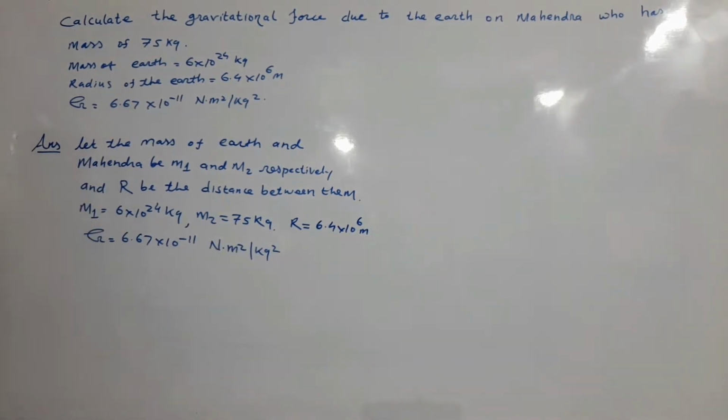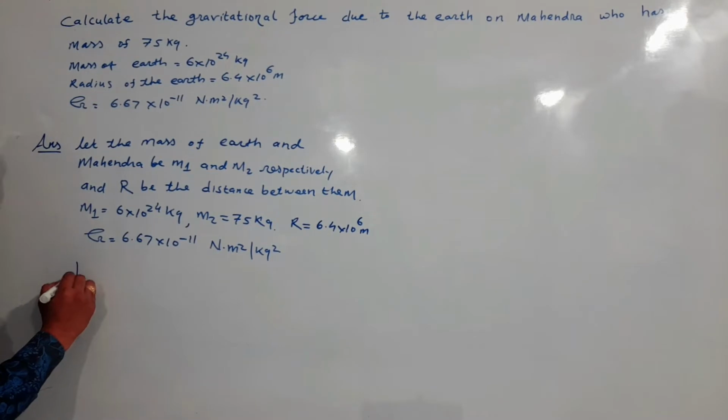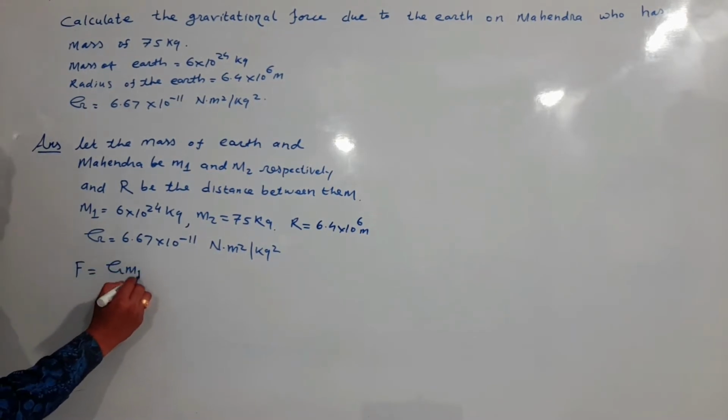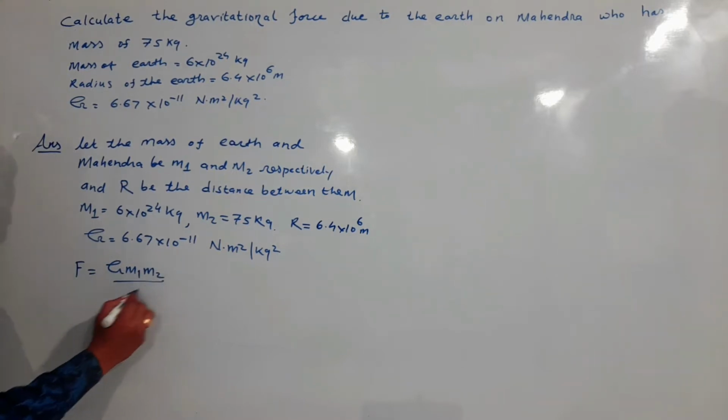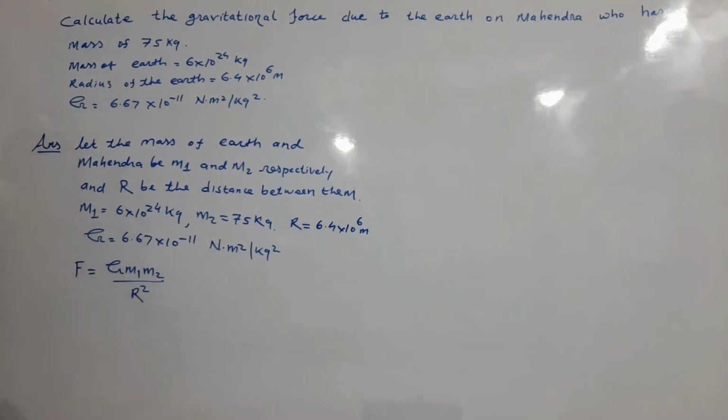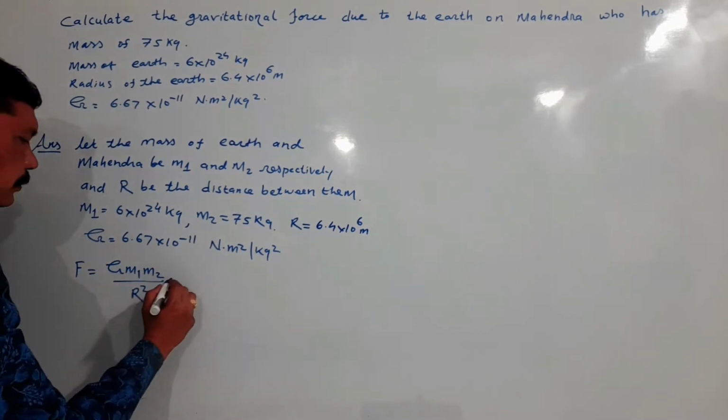So my dear student, you know the formula. F is equal to G m1 into m2 upon r square. Let's put the value.